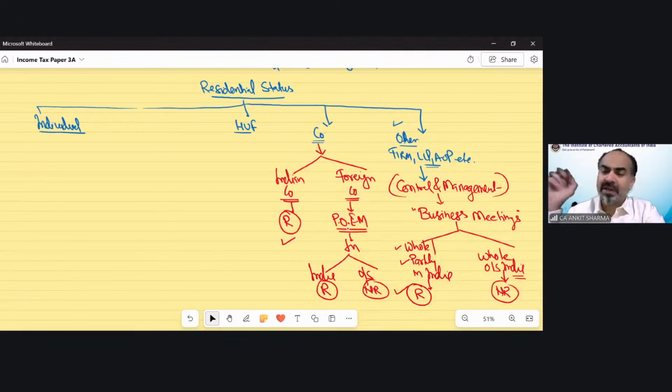The question will mention where the place of effective management is. If it is written that it is in India, you can treat it as resident. If it is mentioned that it is outside India, that foreign company will be treated as non-resident in India.